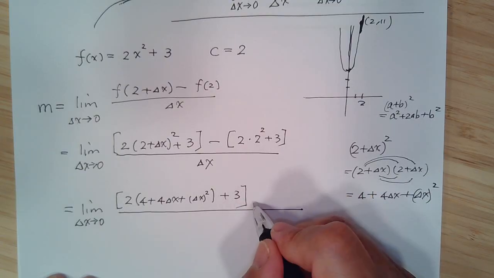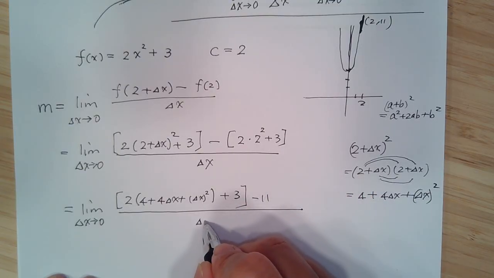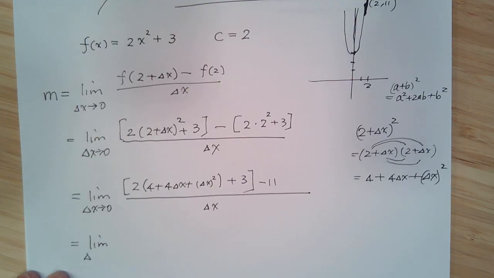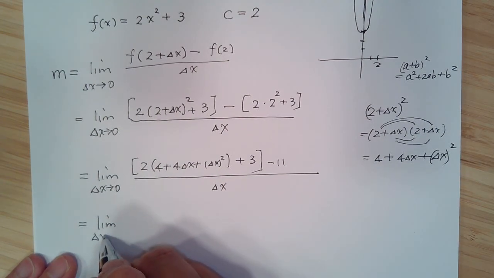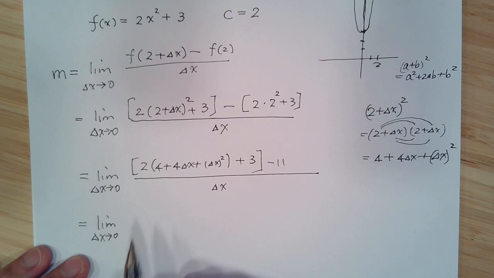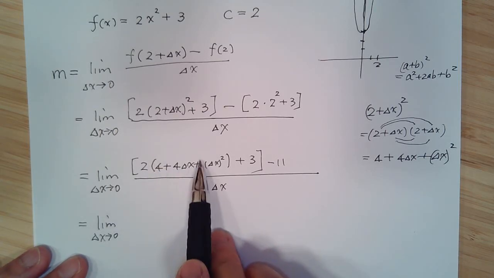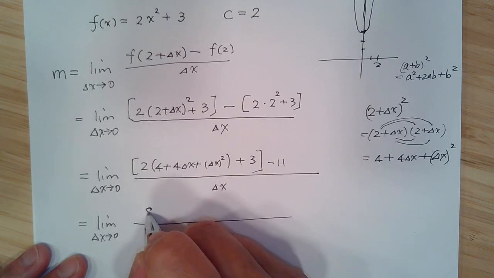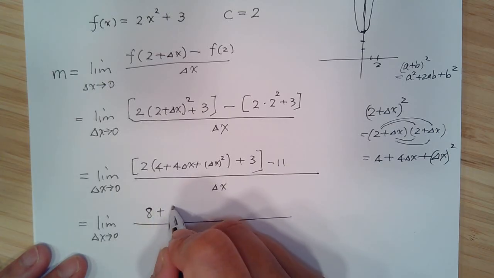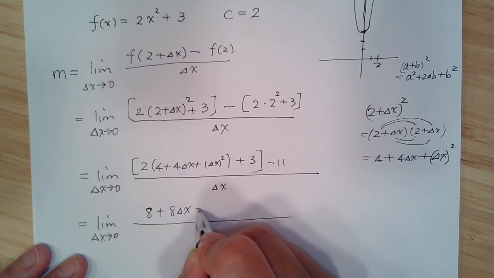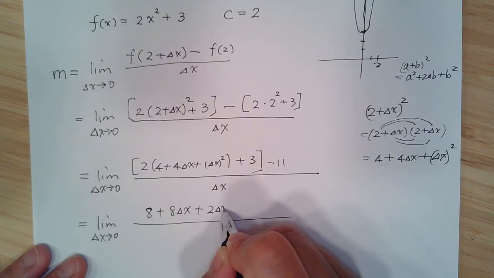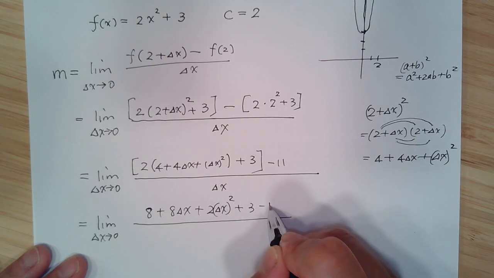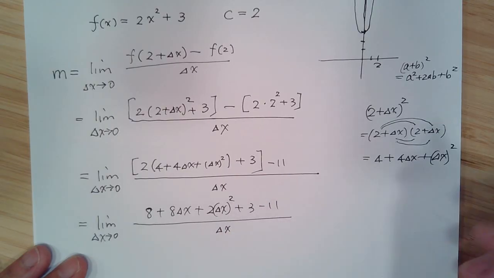And then this I already know that's 11. So divided by delta x. Limit as delta x approaches 0. Okay, now the top we only need to distribute this. So 2 times 4, which is 8, plus 8 delta x plus 2 delta x squared plus 3 minus 11, over delta x.